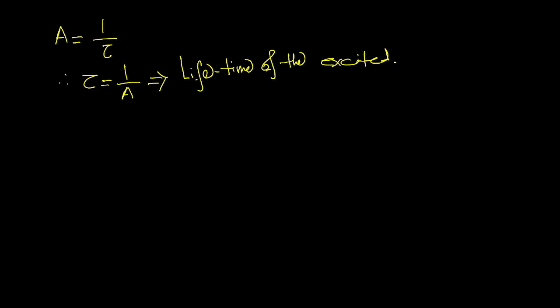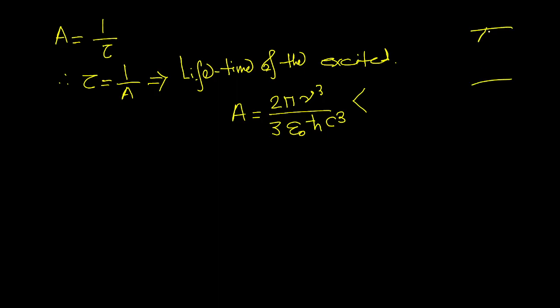Now, as we mentioned, the expression of A is 2 pi nu cube by 3 epsilon h c cube times the square of the transition dipole moment mu z for the 1 to 2 transition.